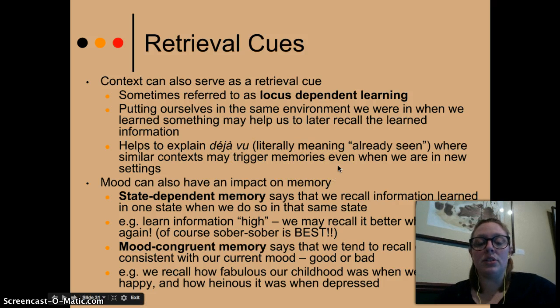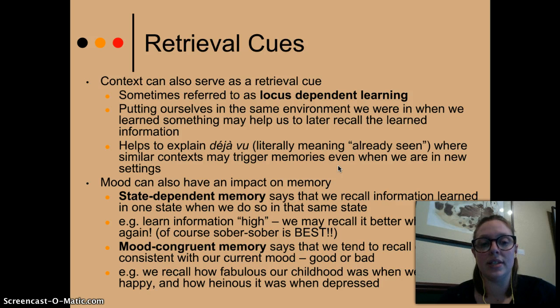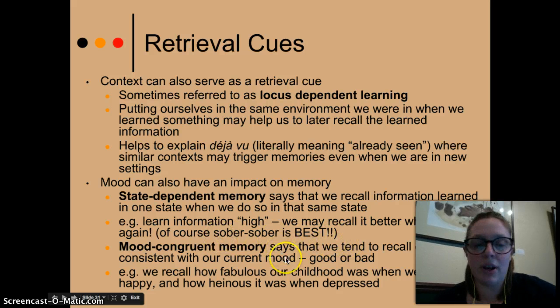Mood can also have an impact on your memory and your retrieval. So you have state-dependent memory, which says that you recall information better when you are in the same state as when you learned it. So if we learn information when we're happy, we may recall it better when we're happy. Or, sober is best, right?